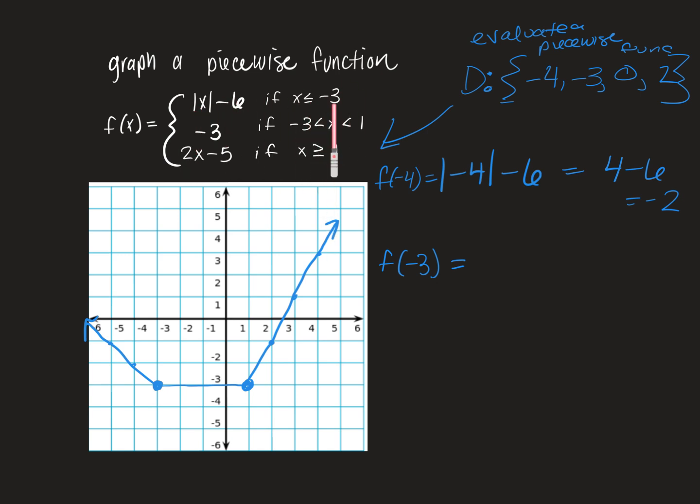Look at your rules. x is -4, which is less than or equal to -3, so I go here. -3 is less than or equal to -3, so I go here. And then 0 would be plugged into the middle one too. The middle one, yes. Okay, I get it. Because the number is in between.